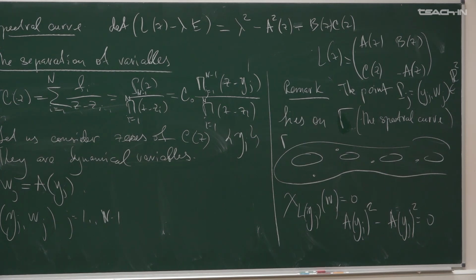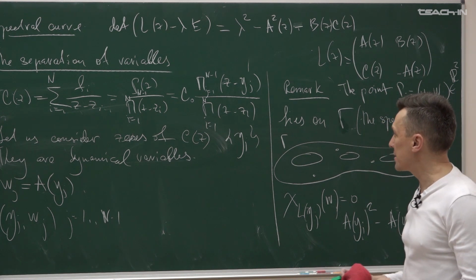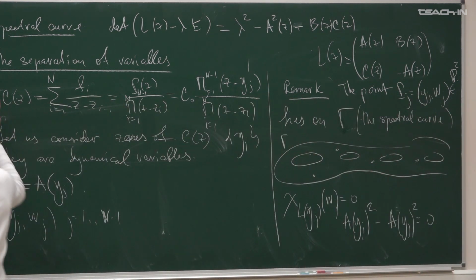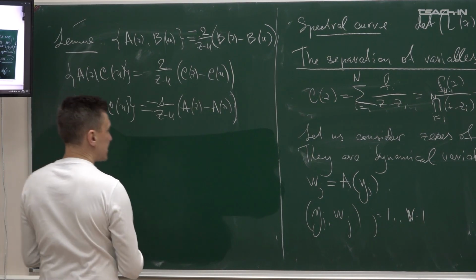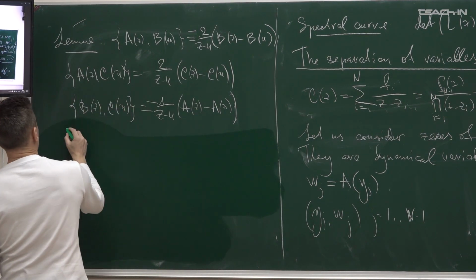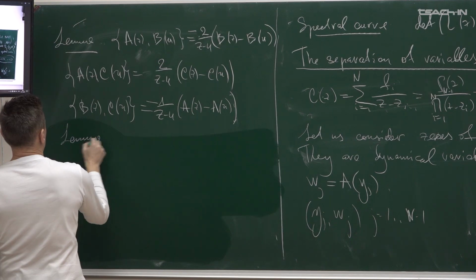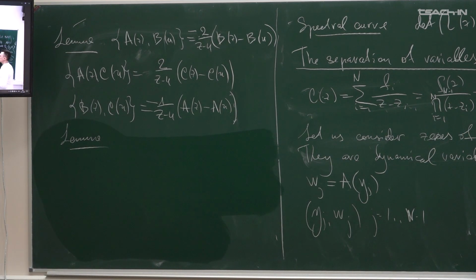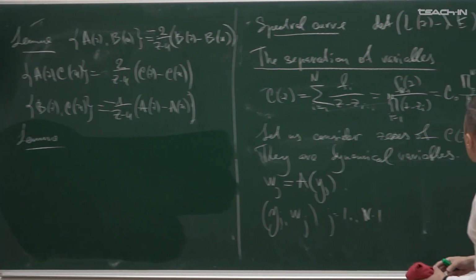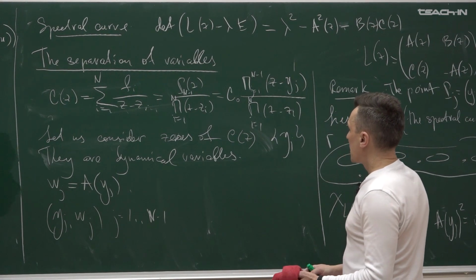Okay, and these variables are very special. So they are separated in the following sense. We will need these brackets. Lemma. So you see on our phase space we have chosen other variables which are dynamical.